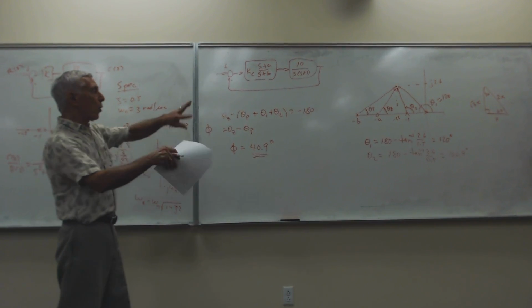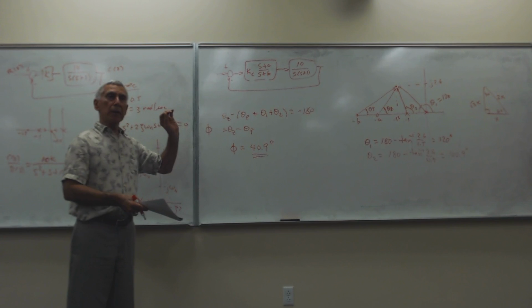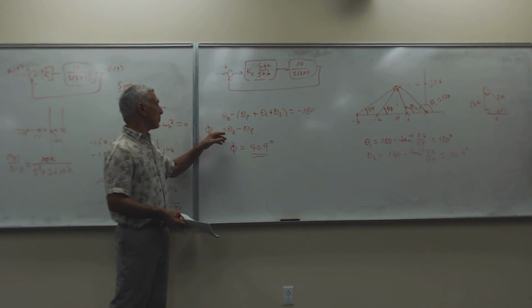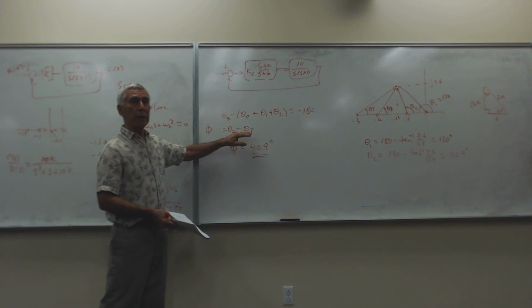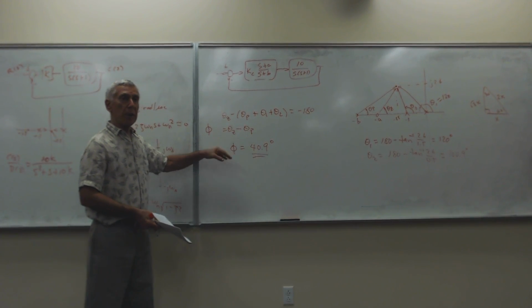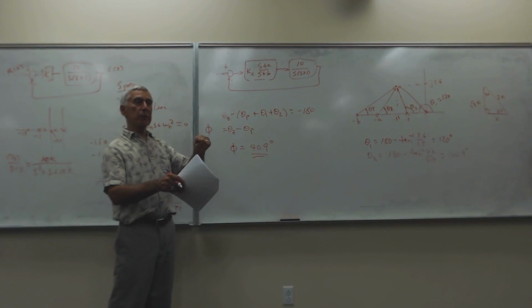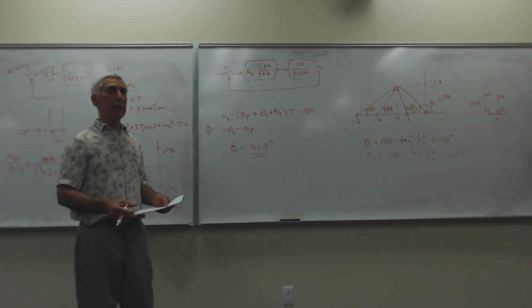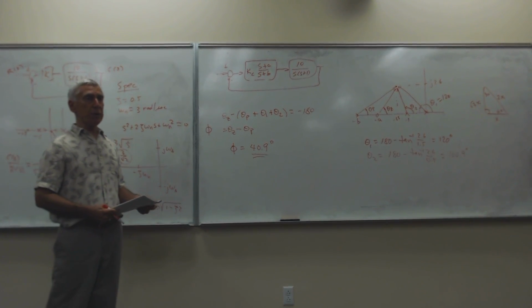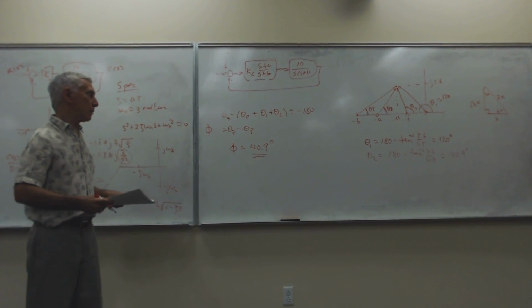So we're not drawing the whole root locus, but we are finding what this phi here, which is the difference between the numerator and denominator phases of the lead compensator, must be in order that the root locus pass through the desired pole.